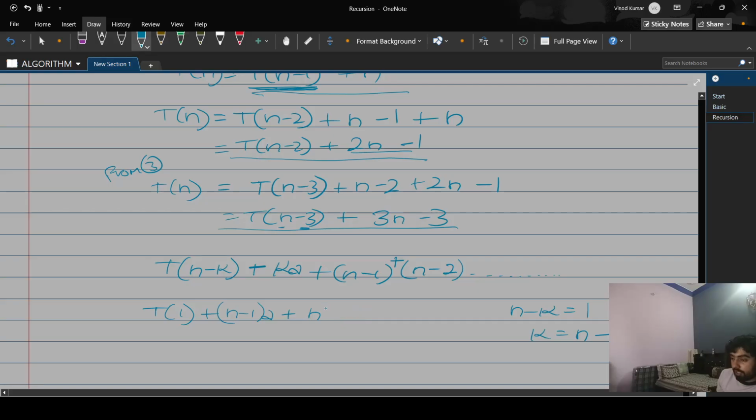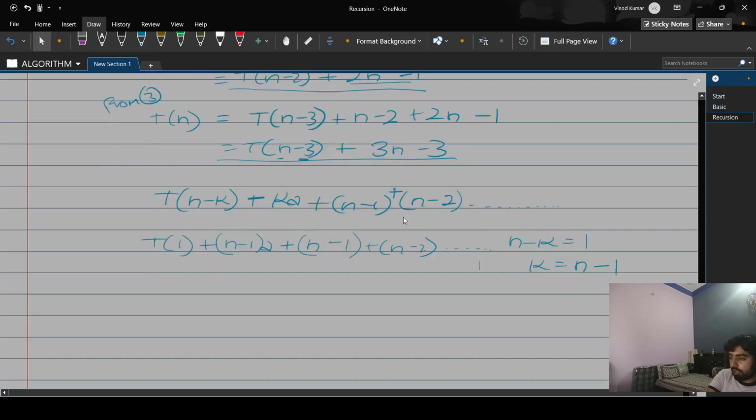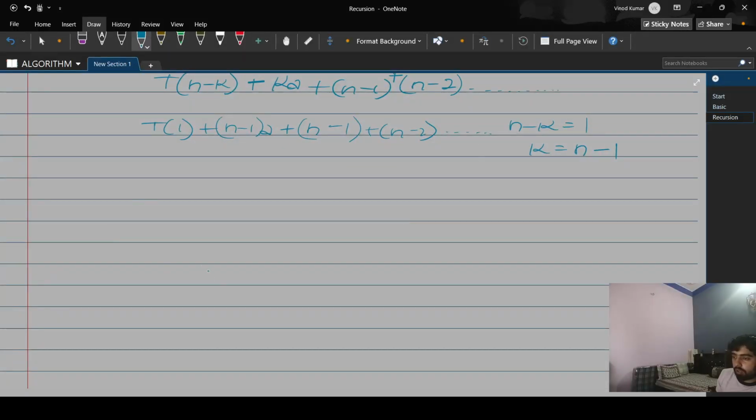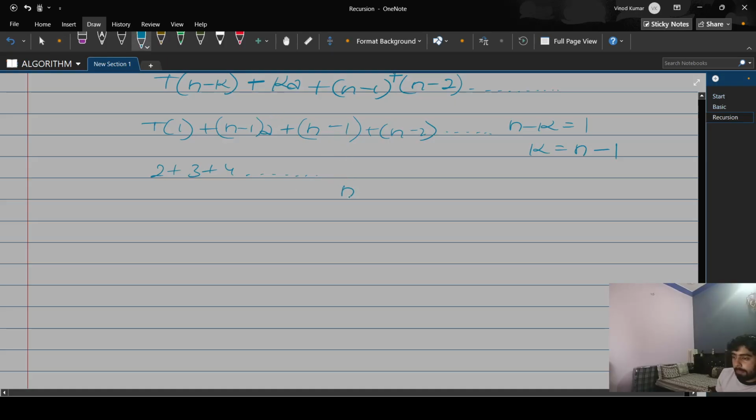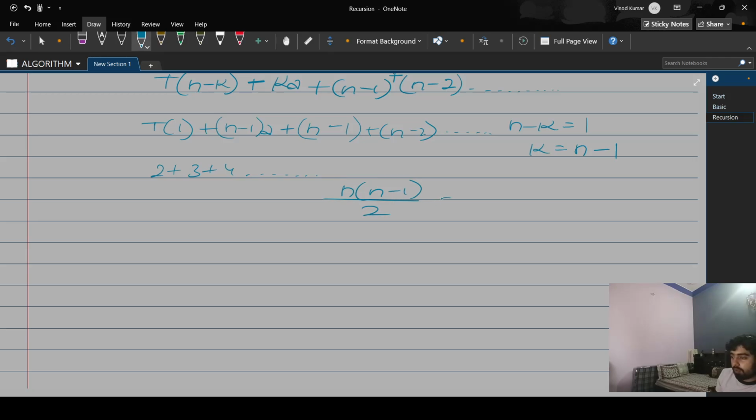We just have to replace the k value, plus n minus 2. So it is forming the sum from 2 to infinity, for which the formula is 2 plus 3 plus 4 going till infinity, for which the formula is n times n plus 1 divided by 2. As 1 is not included here, we will be subtracting 1, which will be n square plus n divided by 2 minus 1. You have got the answer.